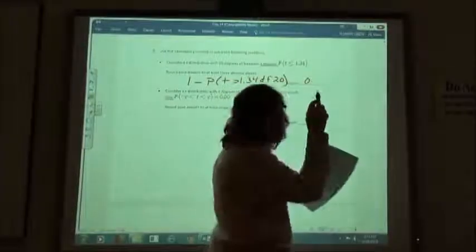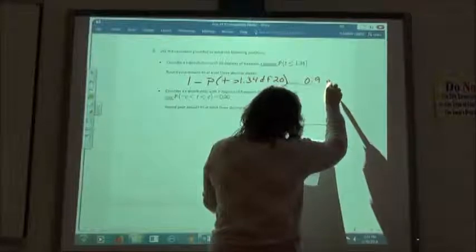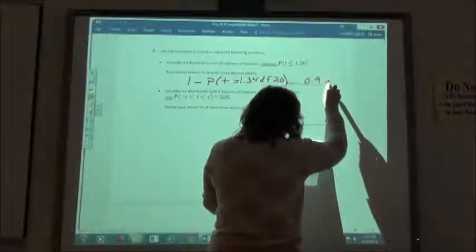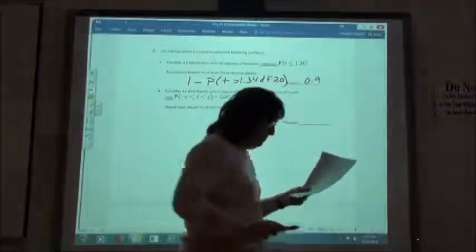Zero point, did you say? Yeah. 0.098. No, 7. Let's see what you got typed in there, because that's not what I got. All right, so clear that off. Yep. So 1 minus.